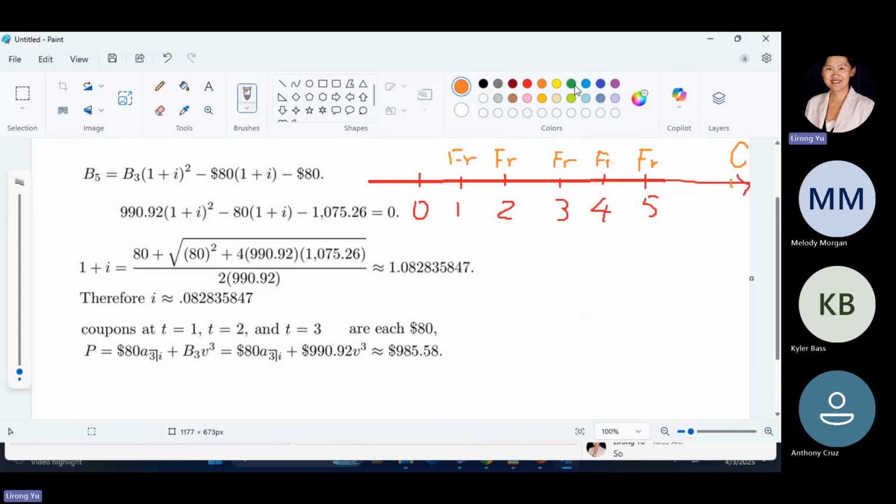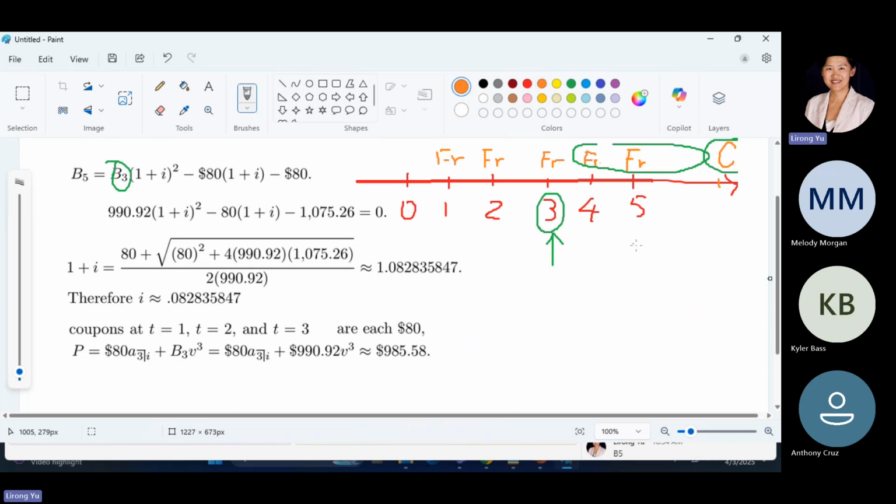So what happened is when you are calculating B3. What's B3? B3 is all the future cash flow plus the C. Their total value is at B3. Okay. And then what happened to B5?